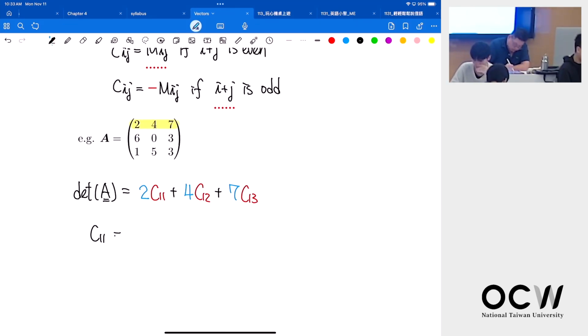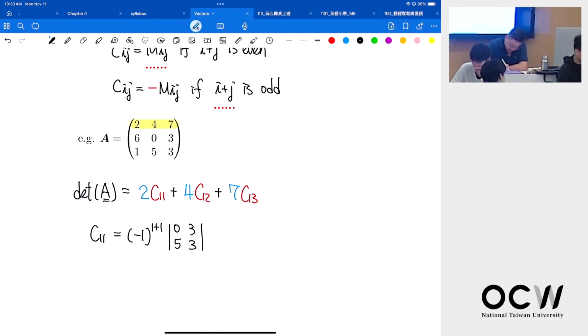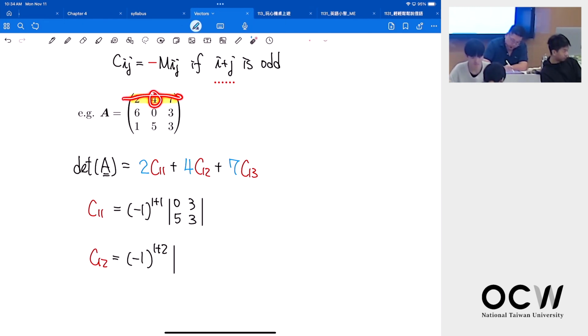C11: minus 1, here is 1 plus 1, and cross all this. So you have determinant 0533. And C12: minus 1, 1 plus 2, C12, 4, so I got 6133.